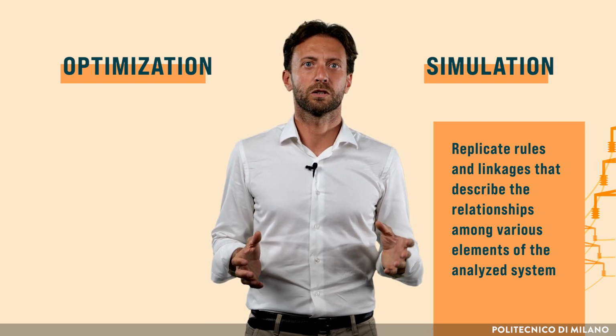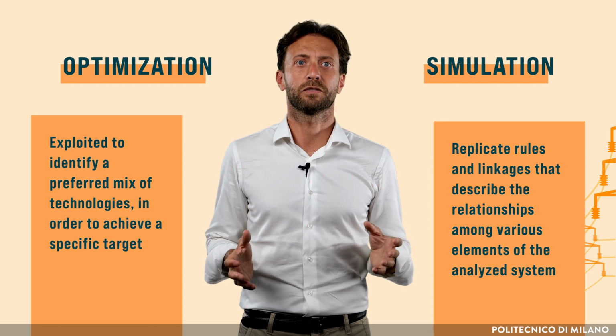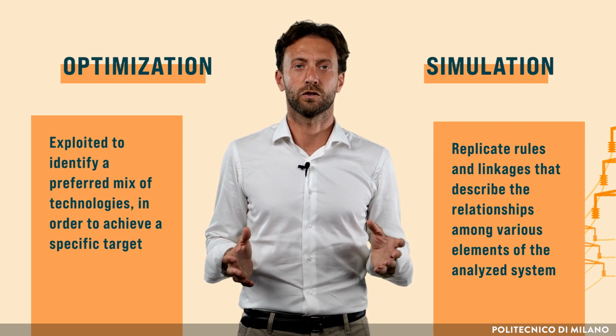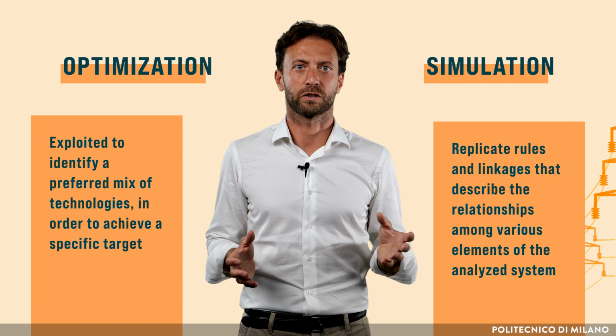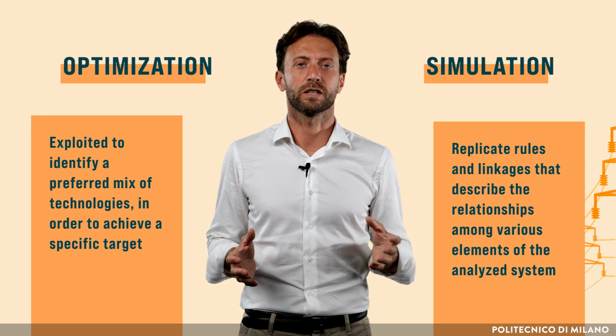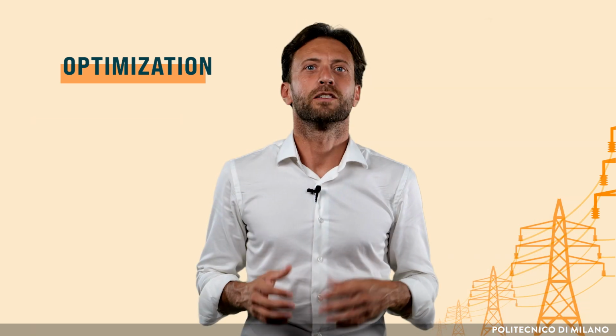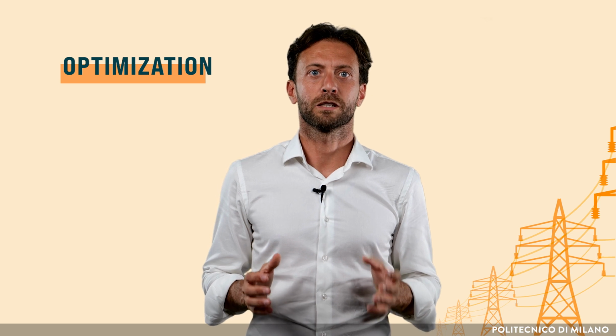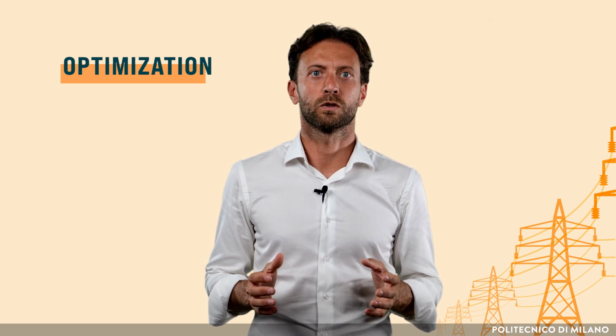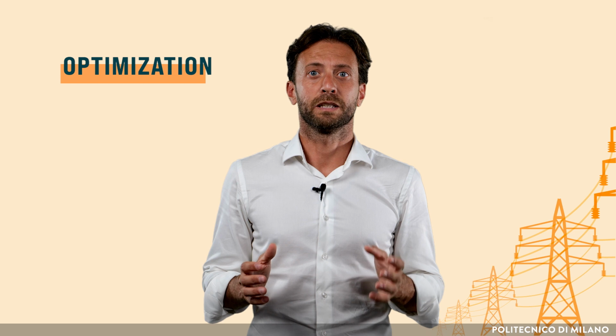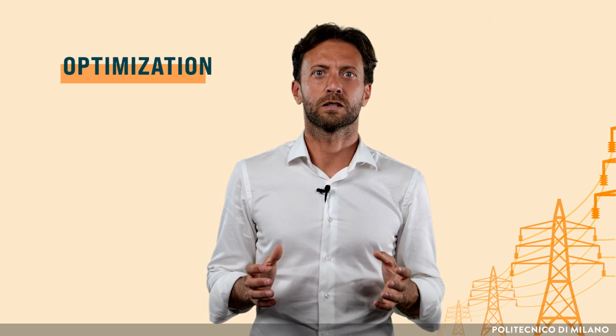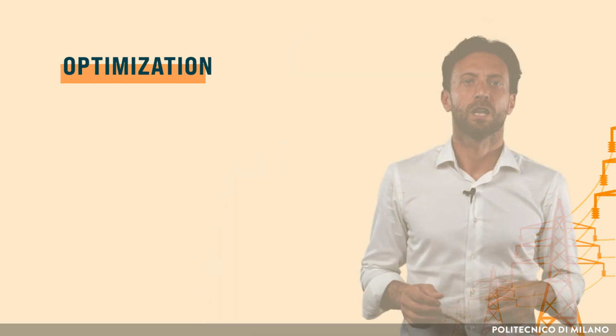While optimization models can be exploited to identify a preferred mix of technologies given certain constraints in order to achieve a specific target. They obtain the theoretically optimal solution, assuming that real-world decisions are made according to its objective function.